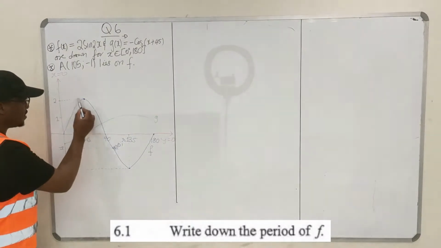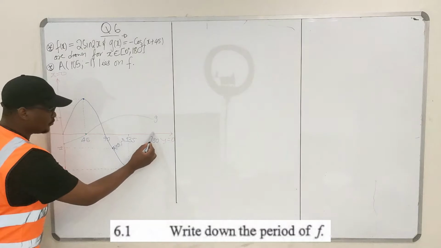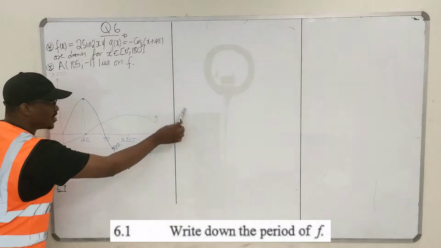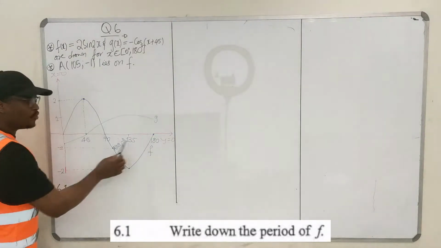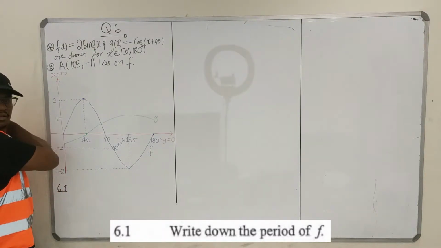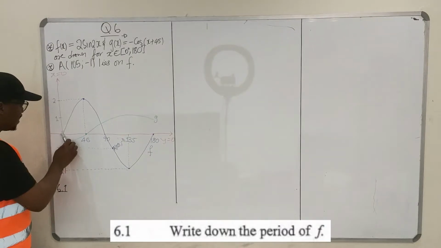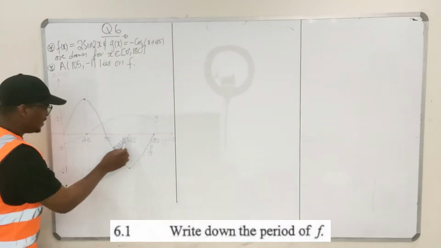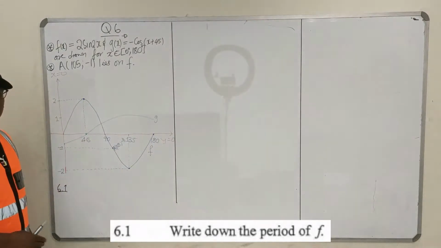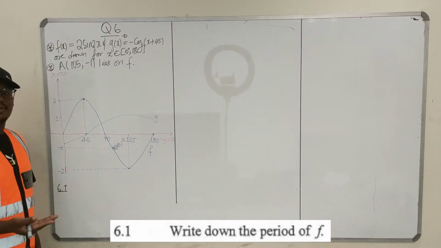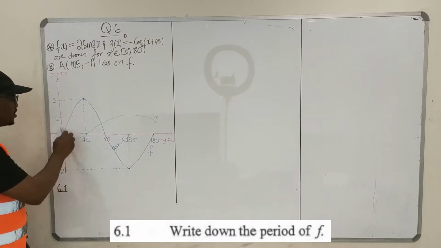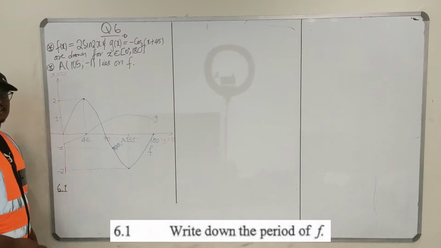So this blue function is full here, and after this it will repeat the same pattern that you already see. To move from here up, down to that point, it's 180 degrees. That's the time it takes for one complete oscillation, so the period of this blue function is 180 degrees.